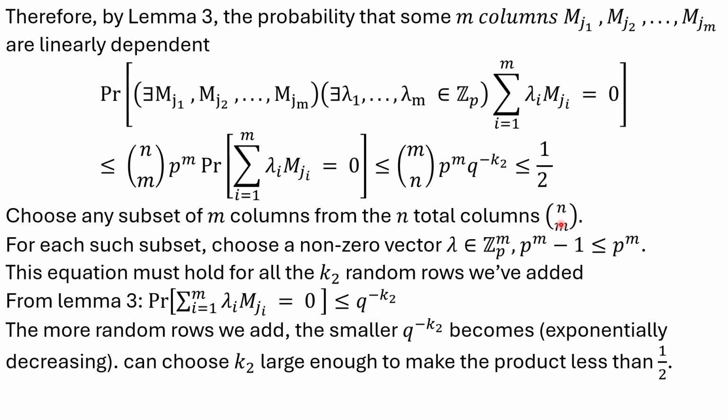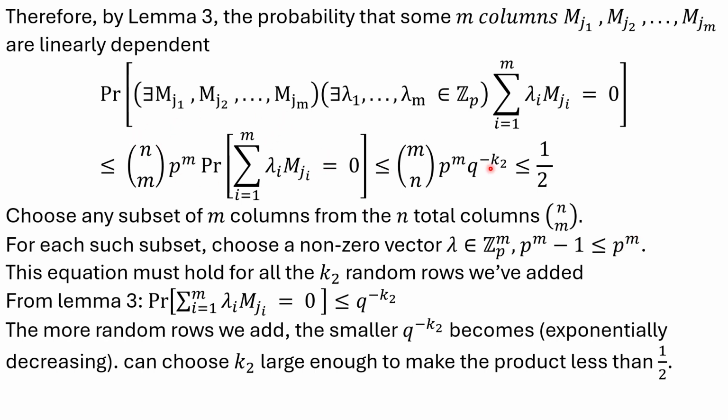We can choose (m choose n). For each subset, we choose a non-zero vector lambda, which has p to the power of m minus 1 options, because we can exclude the all-zero vector, and this is less than p to the power of m. That's how we get this step.